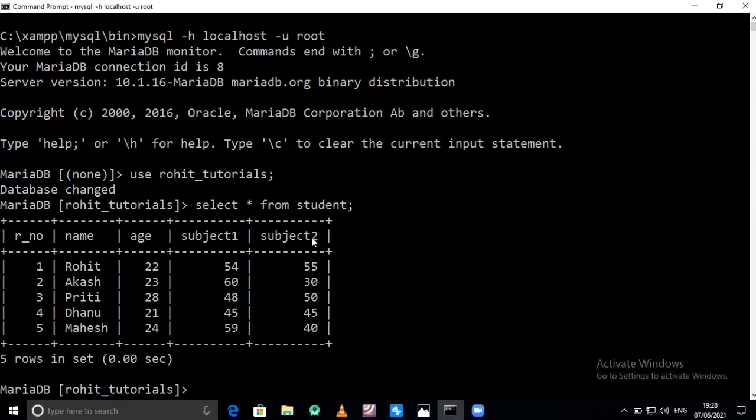Before these arithmetic operators, we have seen the DDL and DML commands, relational operators, pattern matching, and logical operators.